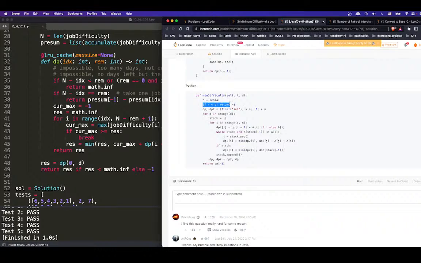This is true, right? Which means the number of jobs is smaller than the number of days. And then we have two DPs.